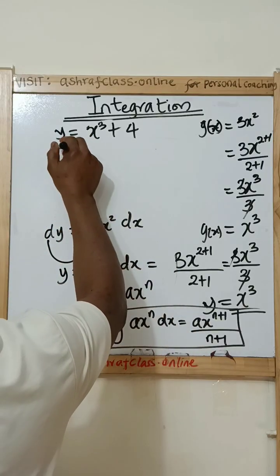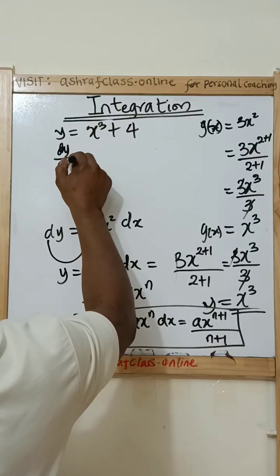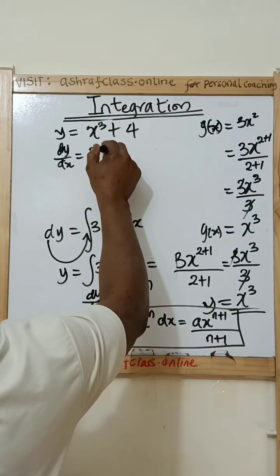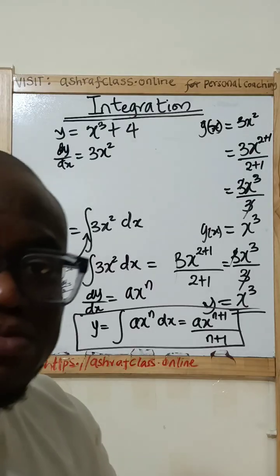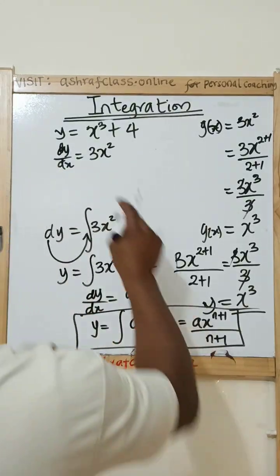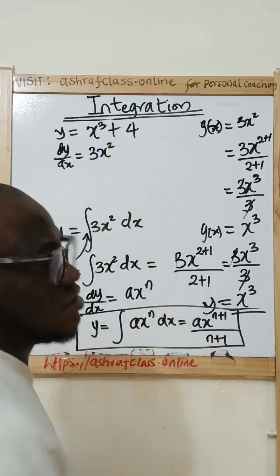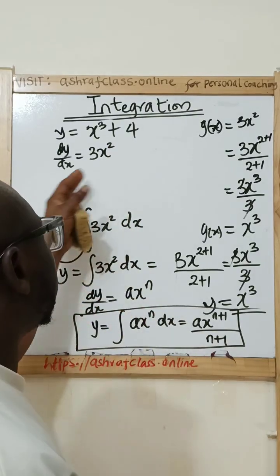The dy/dx from here is going to be 3x squared, and differentiation of a constant is equal to 0. So we are going to have 3x squared as our dy/dx.